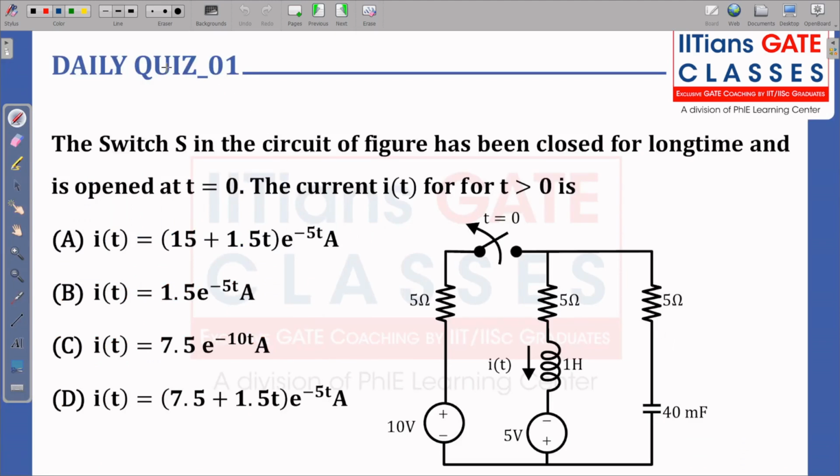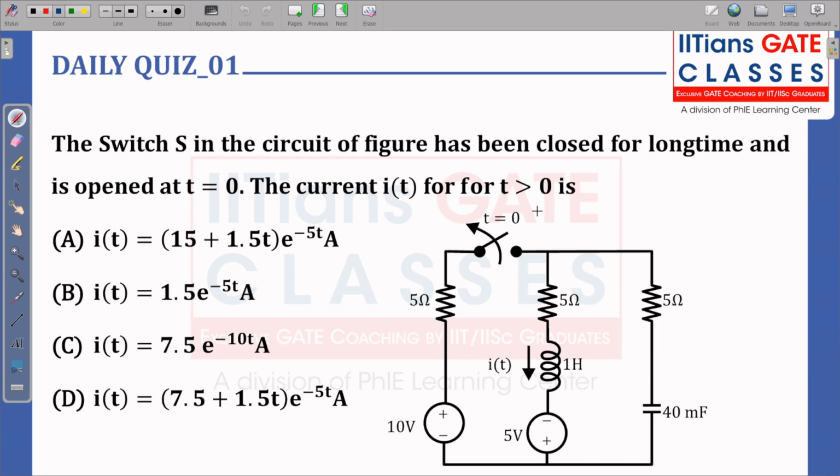So the first question in our daily quiz: the switch S in the circuit of the figure has been closed for a long time and is opened at t equal to 0. The current I of t for t greater than 0 is. Okay.